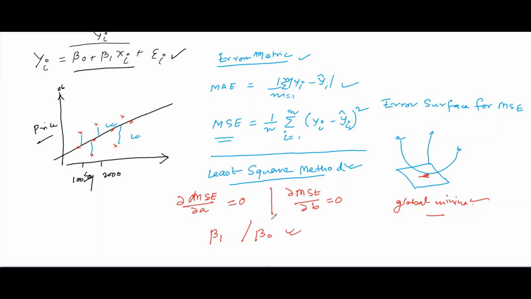In this session I will not show the actual algebra or derivative. Later I will show it, but I will share what the values of b0 and b1 finally come out to be after this mathematical intuition part.